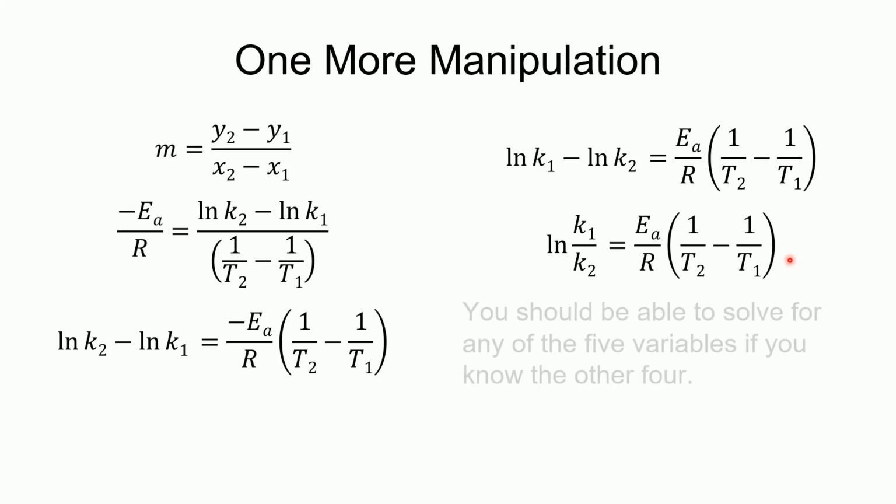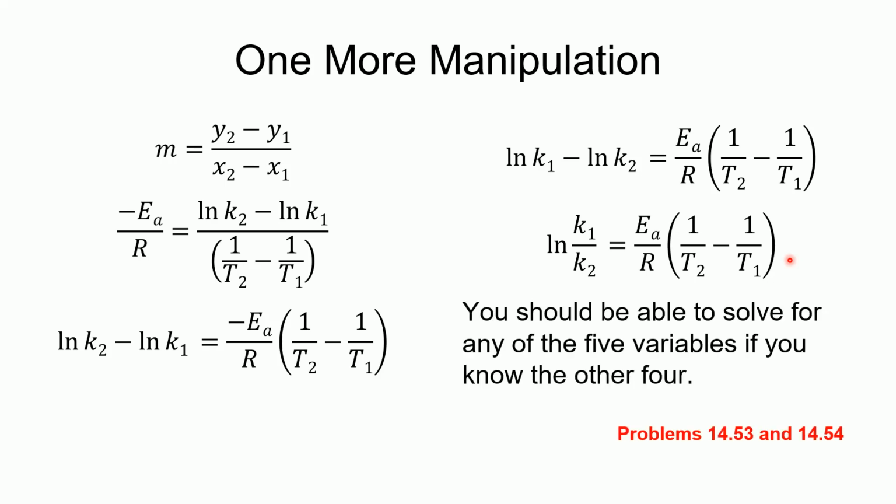That's what I want you to be able to do: if you know any 4 of those variables, you can get the 5th. Typically the variables we will look for will be either the rate constant K or the activation energy EA. And so we are now going to look at number 53 and 54 and solve that.